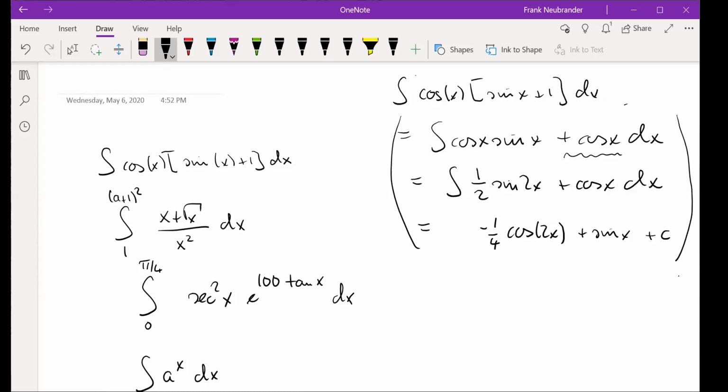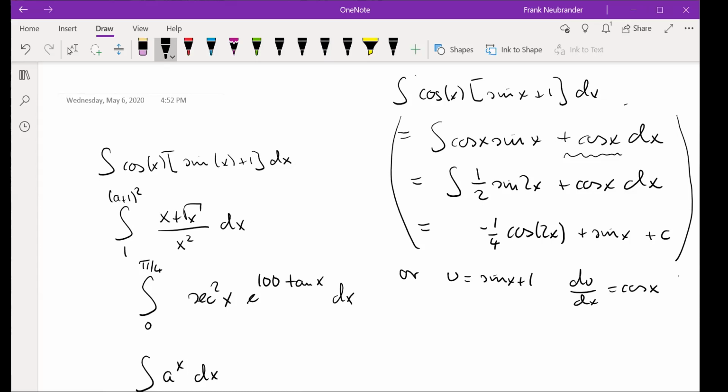Another way of doing it is by a basic u substitution again. You take u equal to sine x plus 1. So that's in a parenthesis, that's an inside. And I see the derivative, because then du dx is cosine of x.